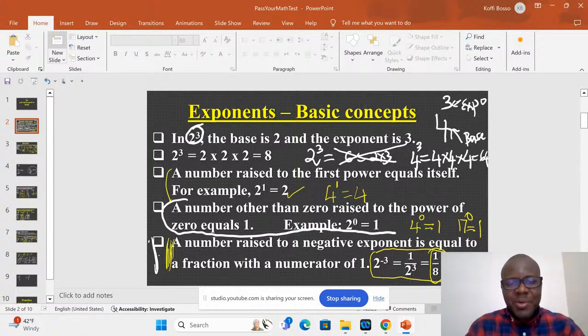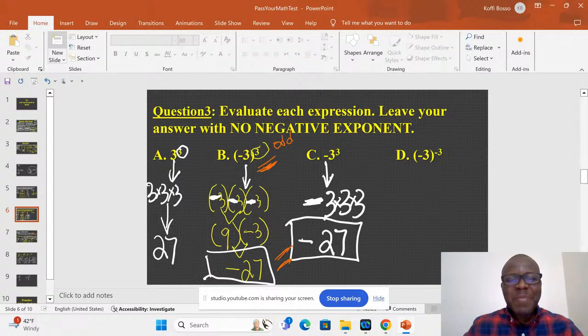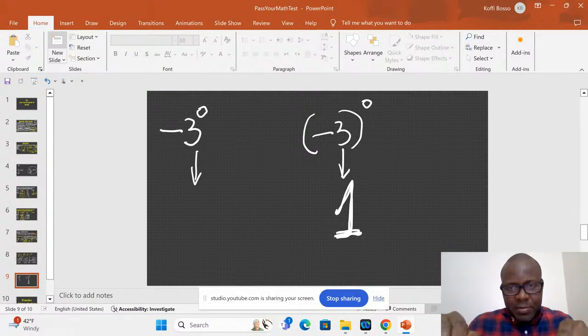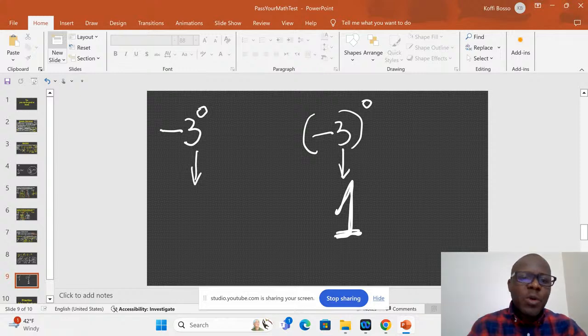A number other than 0 raised to the power of 0 equals 1. So people will say, oh, the answer for negative 3 raised to 0 power is 1, and the answer for negative 3 in parentheses raised to 0 power is 1. The thing is, this one, yes, is 1, because you have negative 3 in parentheses raised to 0 power. For the first one, the answer is negative 1.